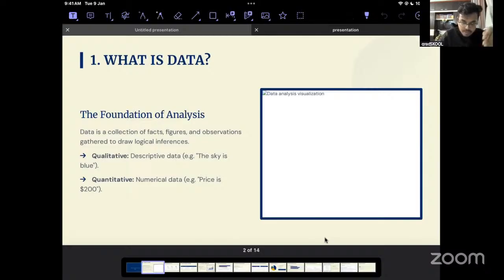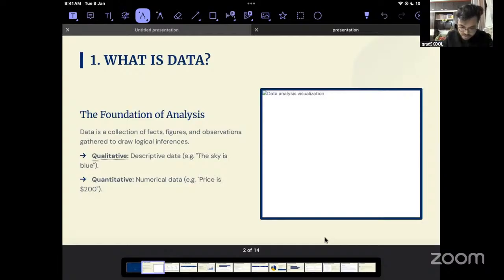So what is data? Data basically is a collection of various things like facts, figures, and whatever you observe in your surroundings. Be it any numerical value, be it any logical thing, or anything, whatever you see is data. Data can be of two types, as mentioned here.